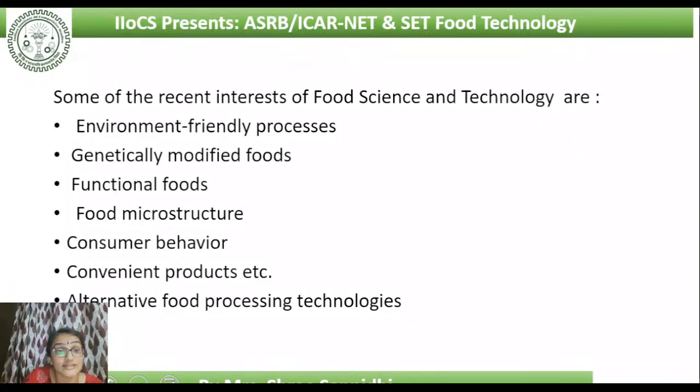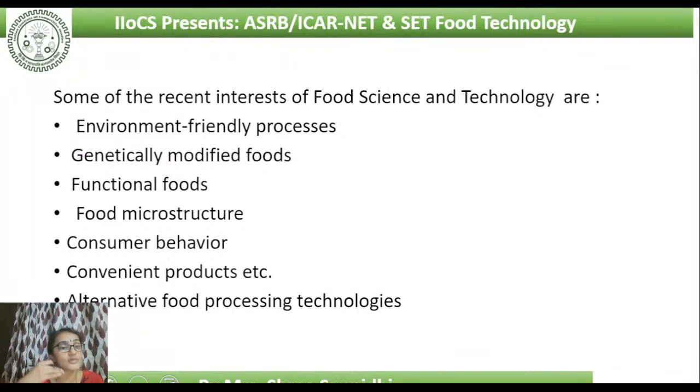Next is genetically modified foods. Genetically modified foods are very famous nowadays because by genetically modifying the food, we can get the desired taste, the desired quantity of the produce, and all the desired qualities of food by genetically engineering the foods and then growing them.